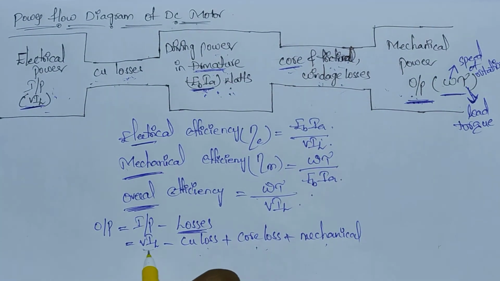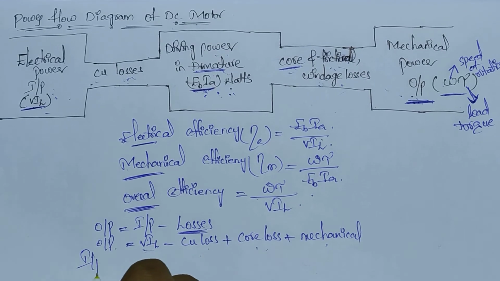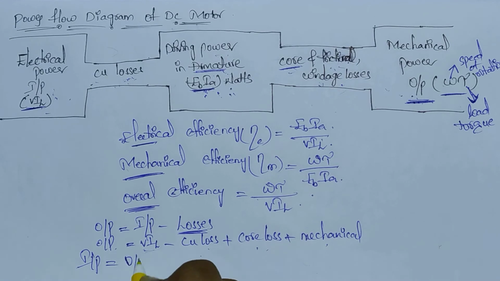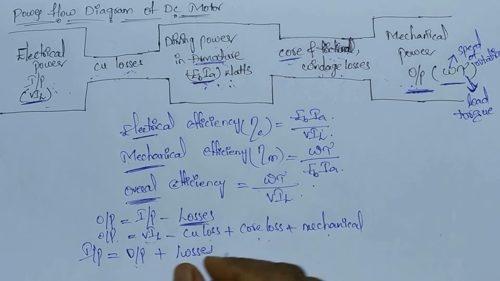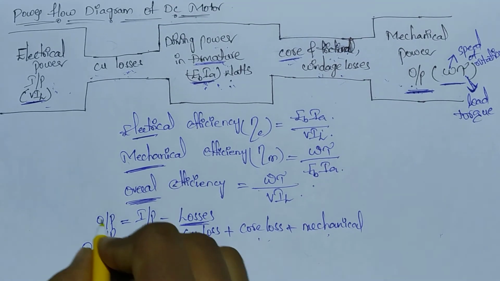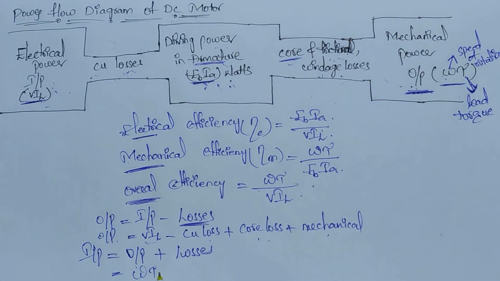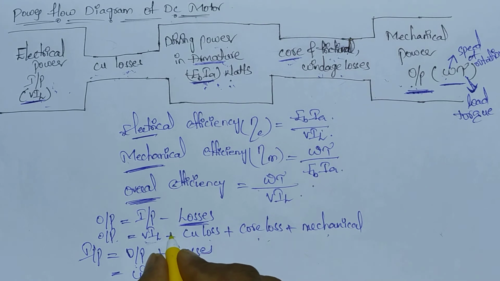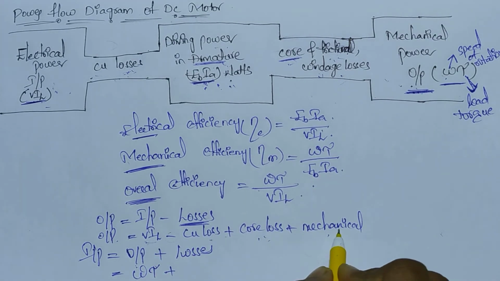So we can also write the output equation like this, and we can write the input equation, input equals output plus losses. The output, omega tau, equals the input minus the losses, whatever the copper loss, core loss, and mechanical losses, subtracted from the input.